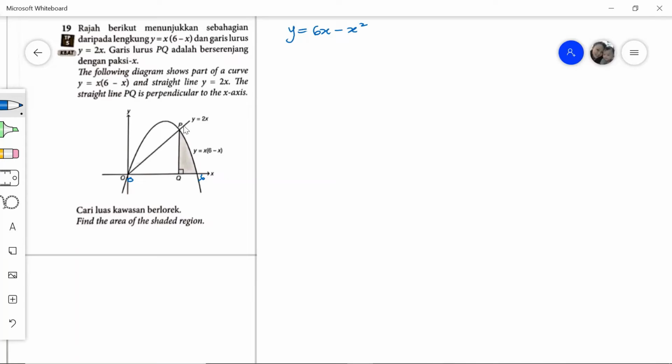I have 6 here, but I don't have this point here. So let's find the coordinates of P. The point P will satisfy the two equations. Let's call the straight line y1, the curve y2. So y2 equals y1, 6x minus x squared equals 2x.